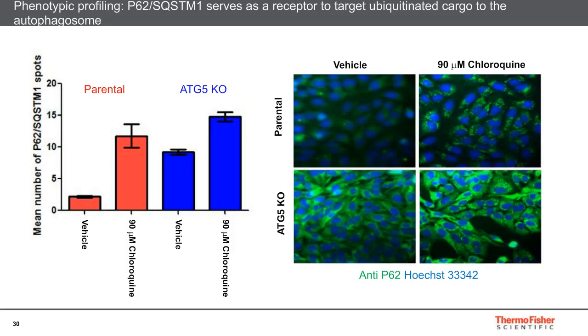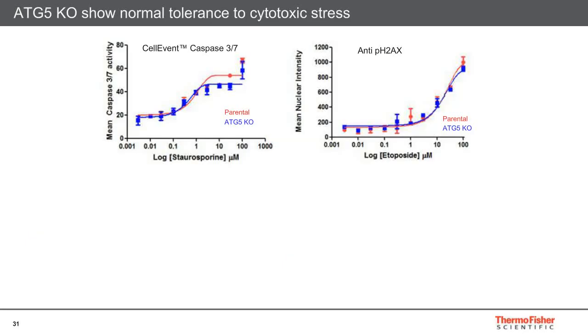The next thing we looked at in these cells is the response to cytosolic stress. As we know, autophagy is basically a pro-survival mechanism, so are these cells more prone to cytotoxic stress? In this plot, we looked at caspase activation using the CellEvent Caspase-3/7 reagent.